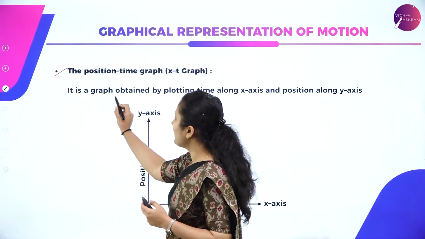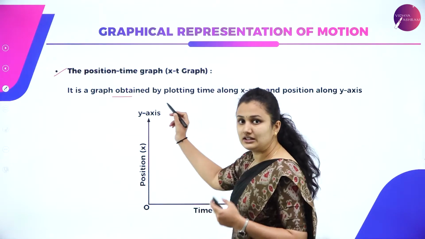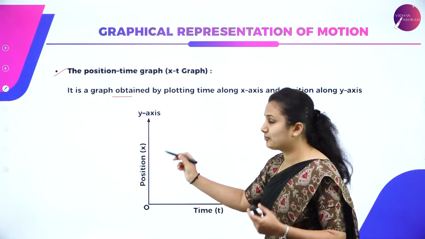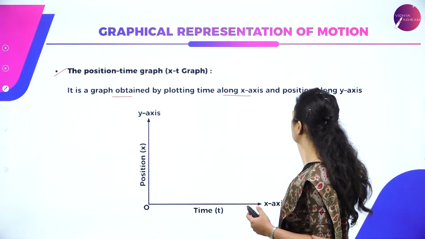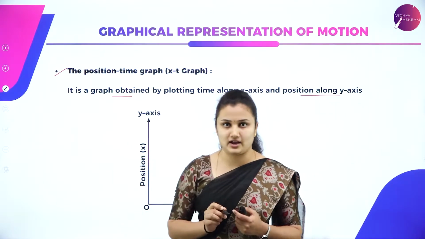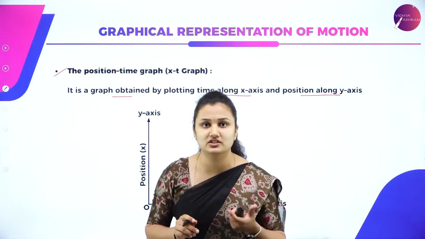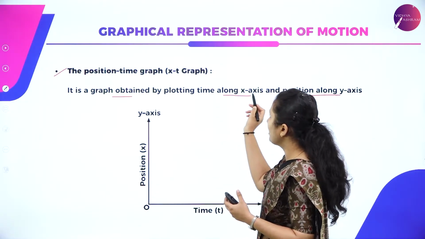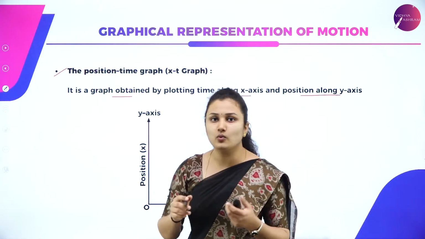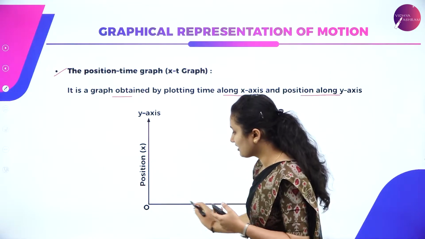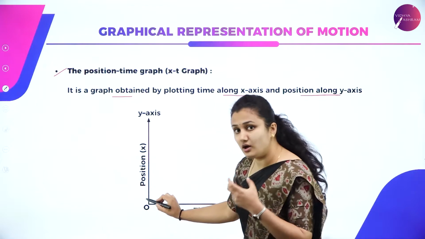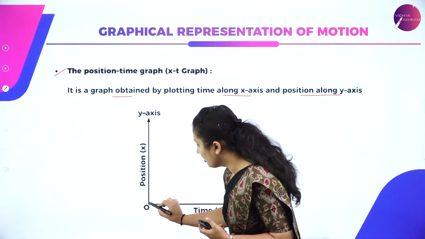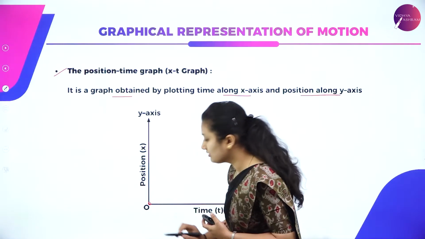It is a graph obtained by plotting time along the x-axis and position along the y-axis. This is a graph where the object or the body is at origin 0.